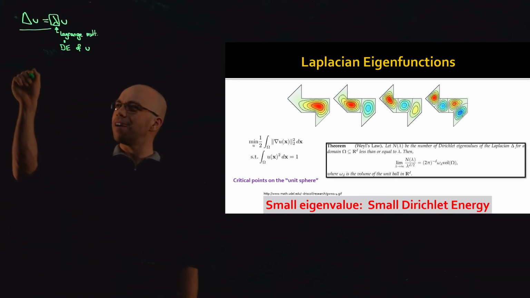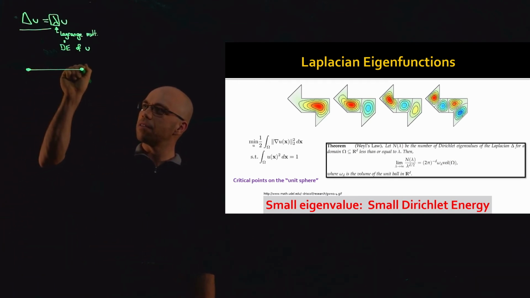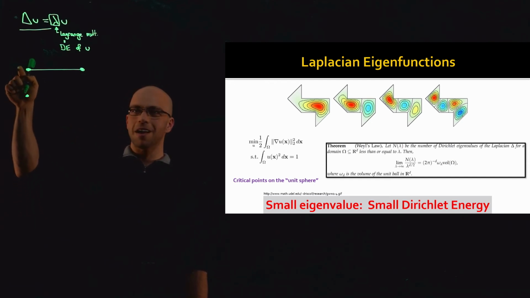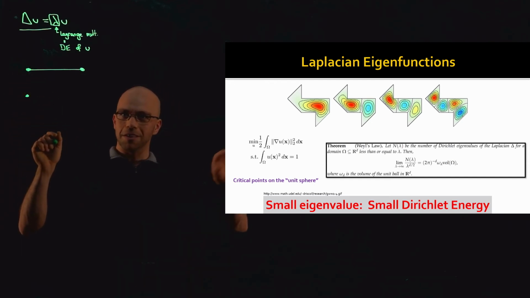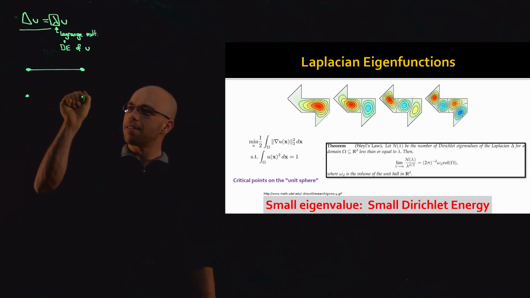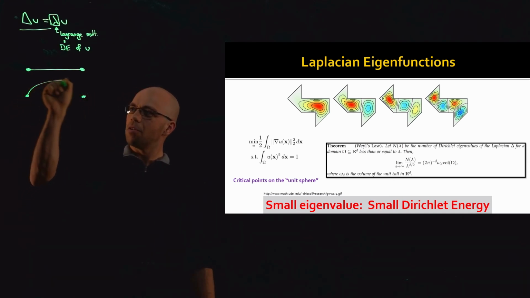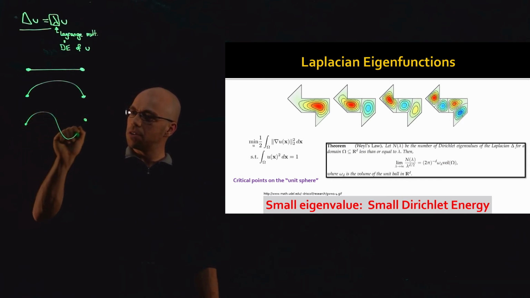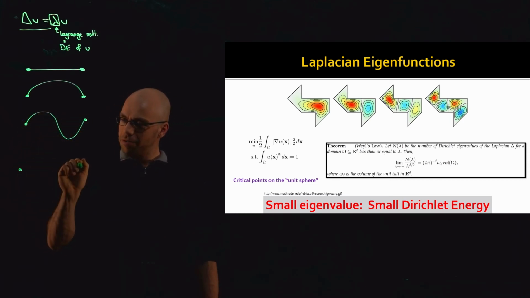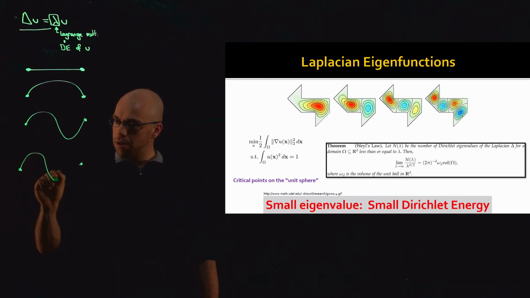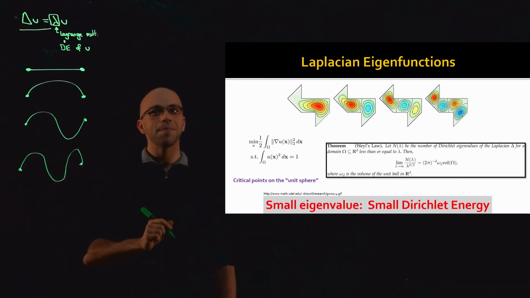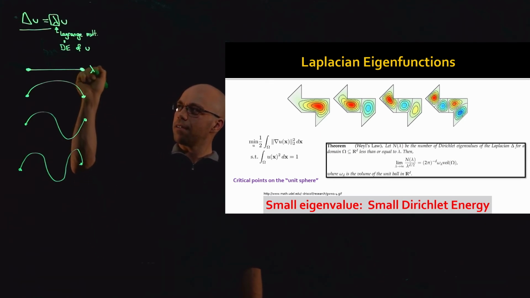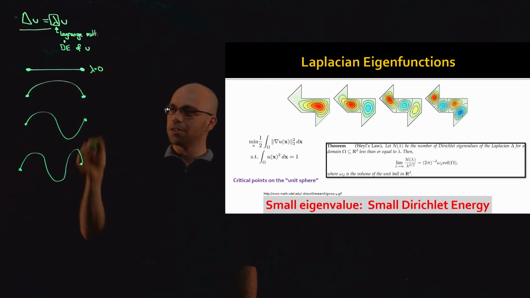So think about eigenfunctions on the interval, right? So maybe you have a flat function, and this one will be discounted as uninteresting if we have this square integral condition. Then the next eigenfunction would be like 1 lobe of sine. The next eigenfunction might be 2. I'm going to have trouble drawing the next one, which is 1, 2, 3, something like that, and so on. And obviously this is lambda equal to 0, it's just a constant function.